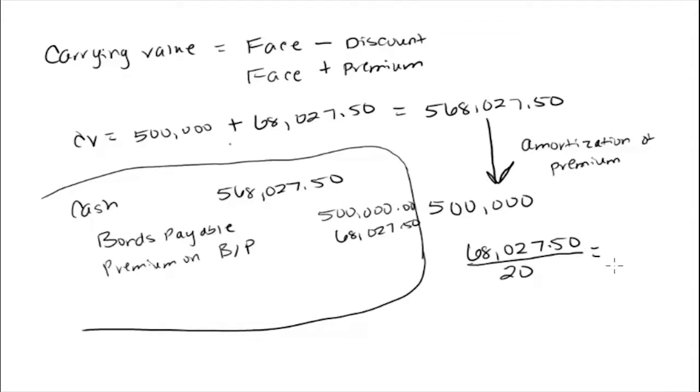You could do this annually. If you did it annually, you would simply divide it by 10. But companies usually are going to do this when they make their interest payments, semi-annually. So this would be about $3,401.38 if I round, each 6 months. That's how much we would amortize.